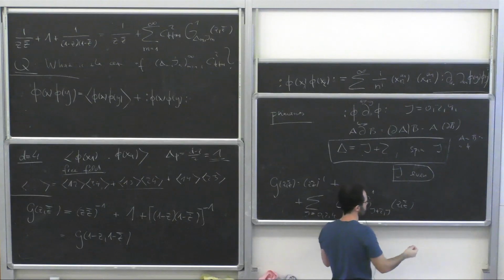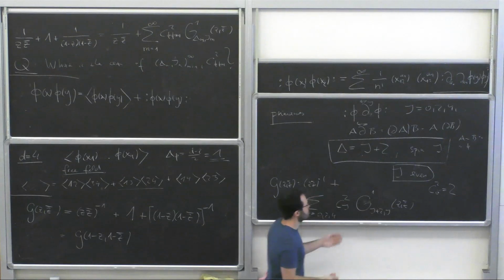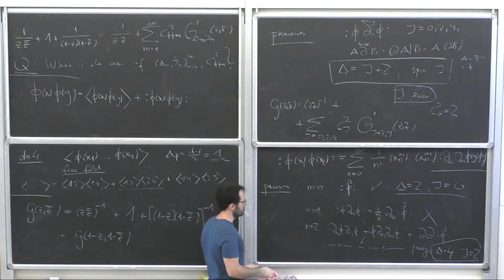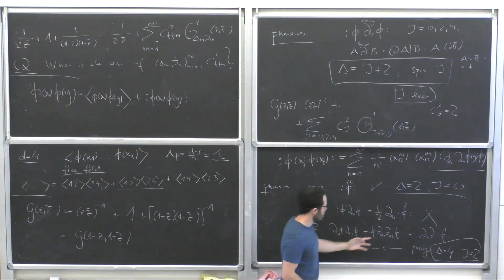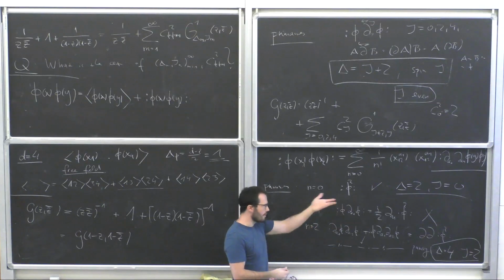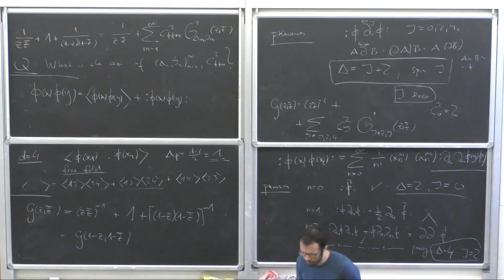And what we have learned so far is that c0 squared is 2. It's something we could have in principle done by actual calculation, by taking this primary, normalizing it, and computing the 3-point function and squaring it. But here we get it with very little work just by decomposing the 4-point function into conformal blocks. But now we can keep going.